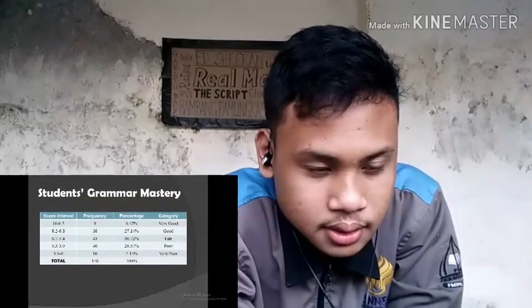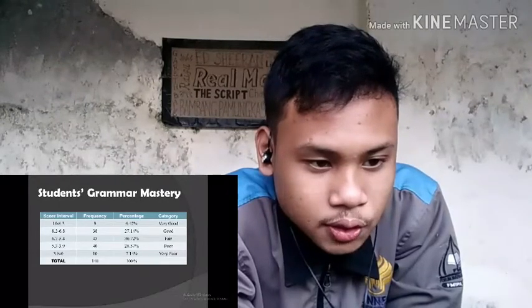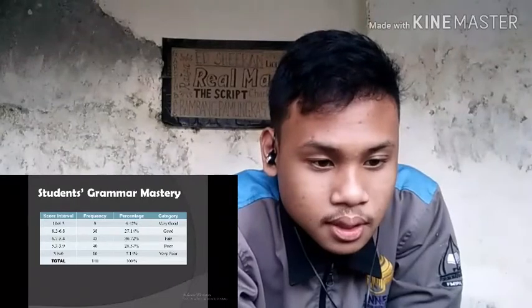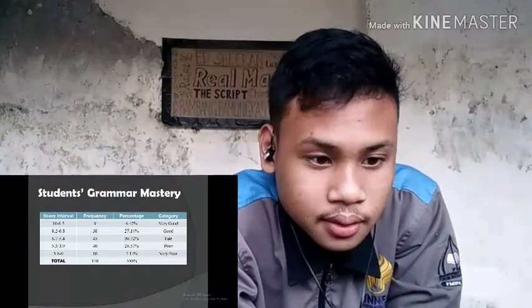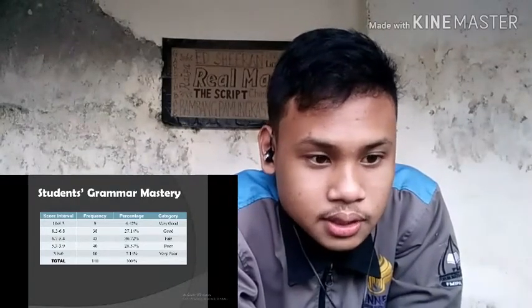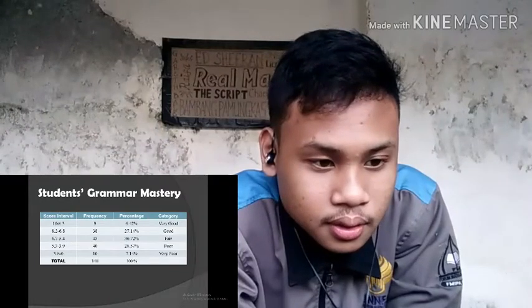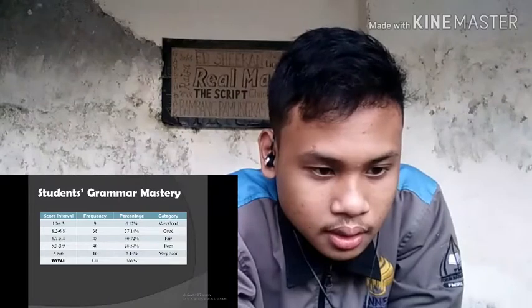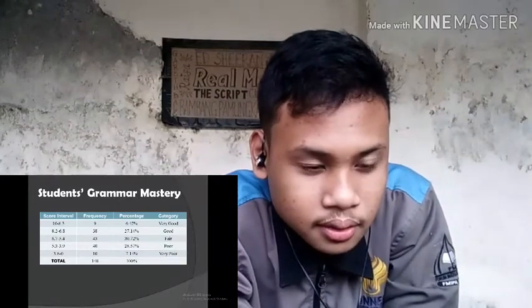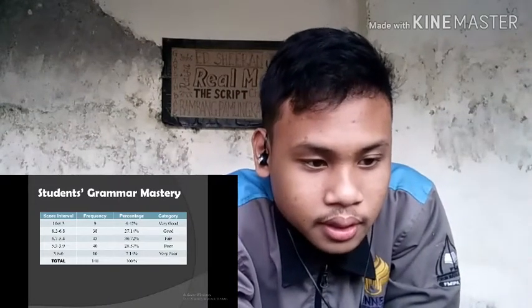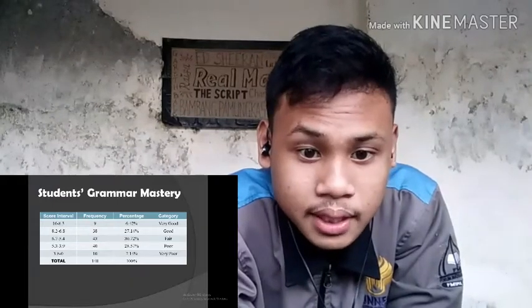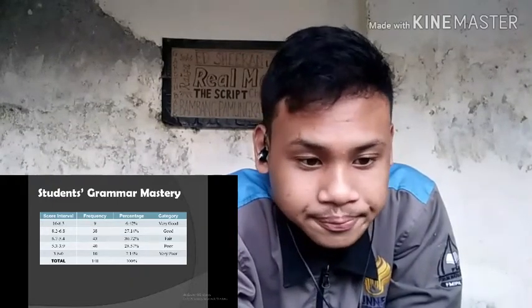And then this is the research on students' grammar mastery. There are four columns: score interval, frequency, percentage, and category.